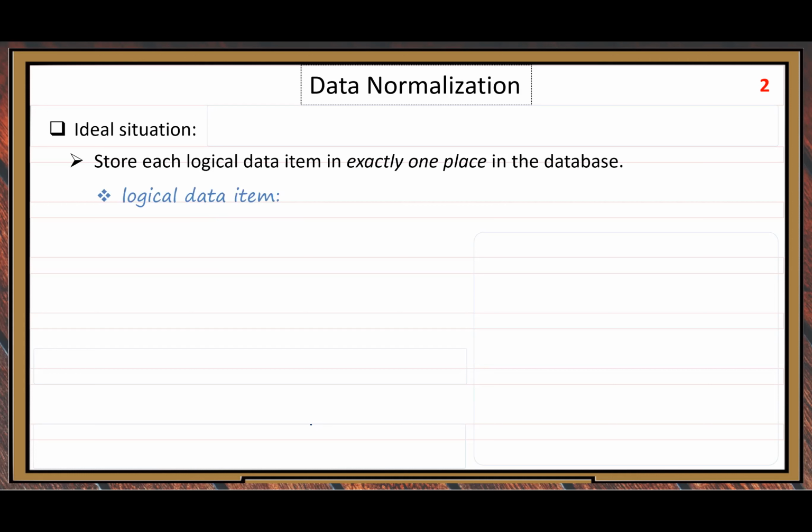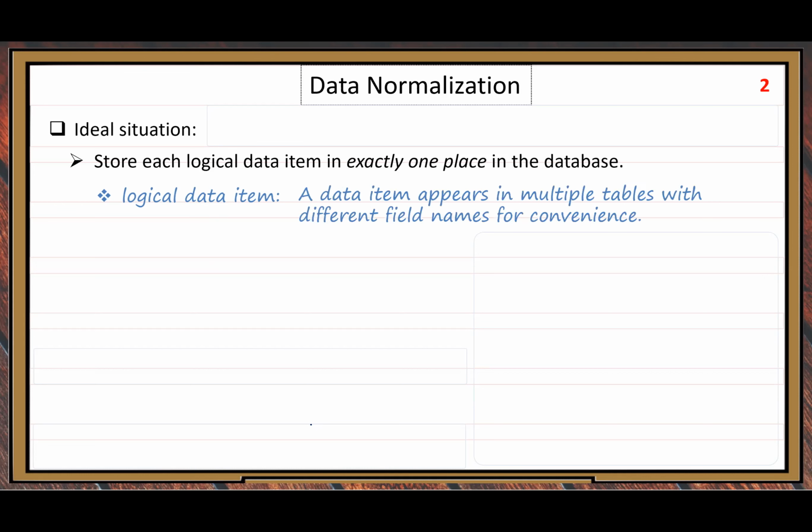Logical data item. Each data piece, for example, the first name of one person. That piece of information, we only want to have one copy, one place. So we treat it as one logical data item. A data item appears in multiple tables with different field names for convenience.